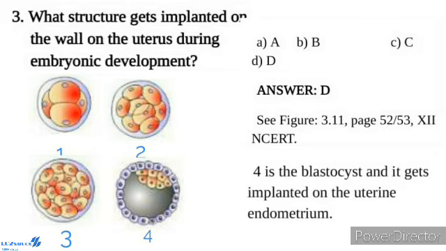After attachment, the uterine cells divide rapidly and cover the blastocyst. As a result, the blastocyst becomes embedded in the endometrium of the uterus. This is called implantation and it leads to pregnancy. So the correct answer, option D. D is the blastocyst and it gets implanted on the uterine endometrium.